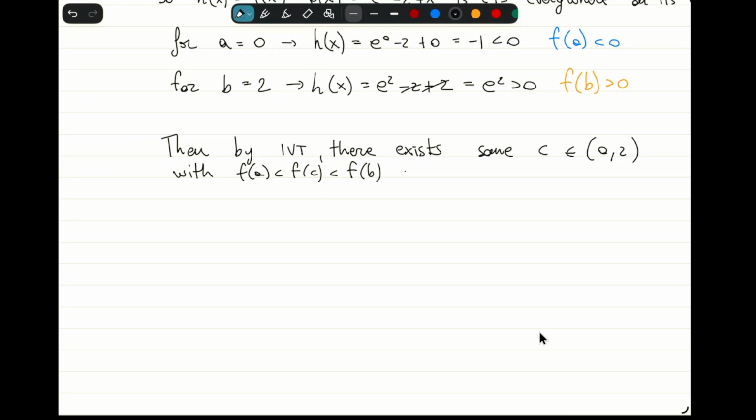And this is such that f of x equals e to the x minus 2 plus x has a solution. f of c equals, so let's just substitute c, e to the c minus 2 plus c equals 0. Boom, and we're done.